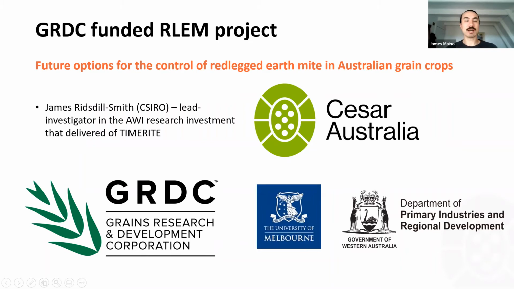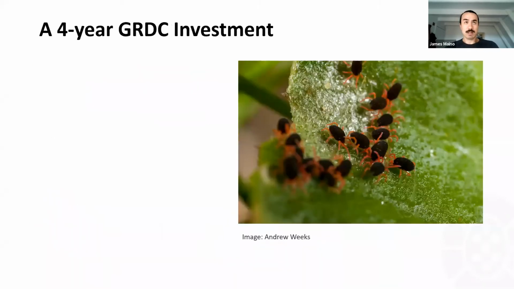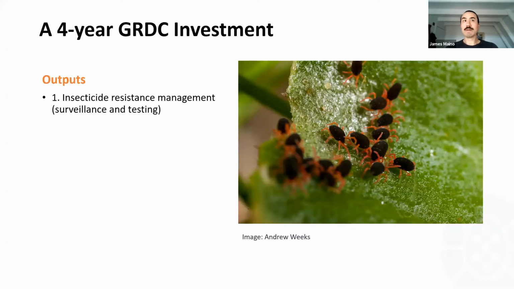But we've also got James Ridsdill-Smith from CSIRO involved, who was the lead investigator of the AWI research investment that delivered TIMERITE. And we've been fortunate enough to secure some co-contributions from AgriFutures and MLA to extend some of the outputs into pasture production and pasture seed production growing contexts. So it's a 4-year investment with a number of outputs.